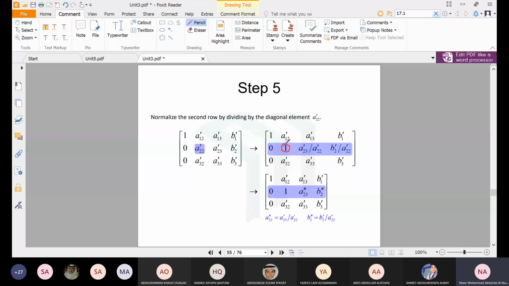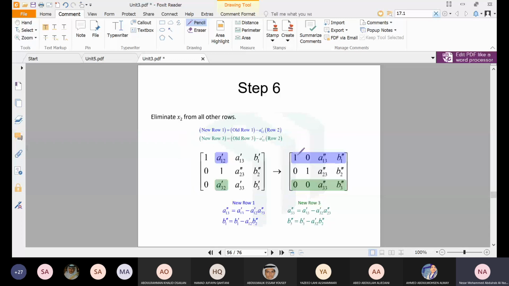And then I will use this coefficient to eliminate x2, the off-diagonal elements. I need to cancel this coefficient from here and also convert this one to 0. So we need an elimination step now, the elimination of x2 from the other rows. That means I want to cancel this coefficient and this coefficient.